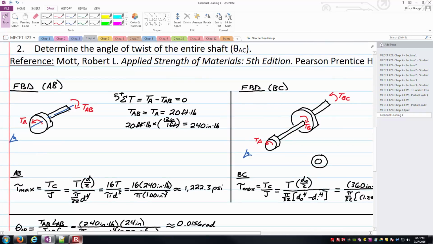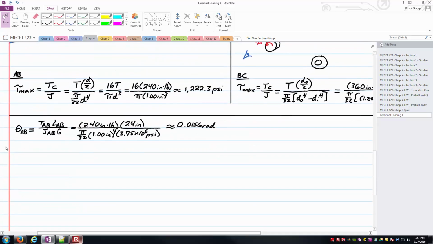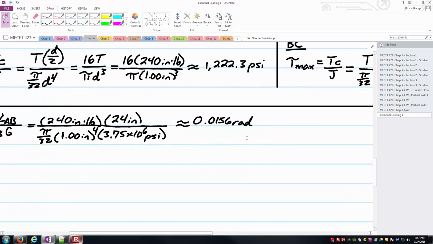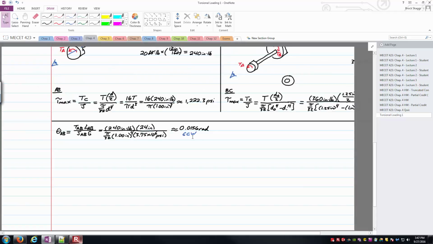On this free body diagram, one way to think about it is that internal torque, TAB, think of that as clamping down, holding the material in that section, and then looking at the other torques that are implied on it. Well, here I've got T sub A going in the counterclockwise direction. That's the only one there. So this segment of the shaft will also rotate in the counterclockwise direction. And so with that, I'll come down here and just make a note: this is moving in the counterclockwise direction there.